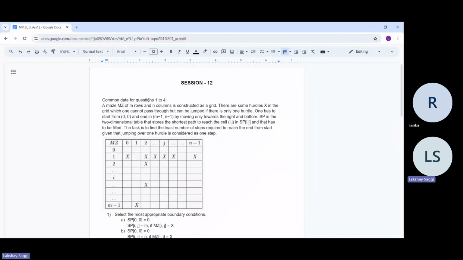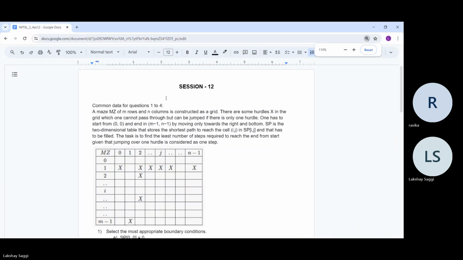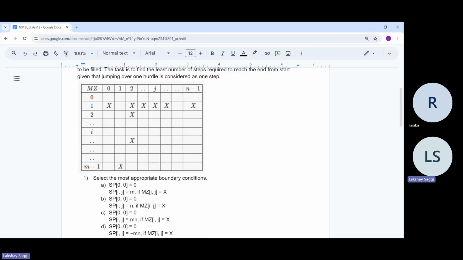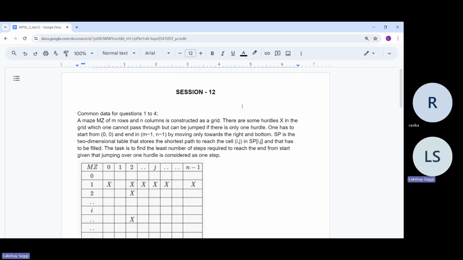I hope my screen is visible. If it is not, like always, you can inform me via chat, and if you have any doubts, you can ask me via chat and I'll try to answer those doubts. Otherwise, I'll just assume that everything is going smoothly.